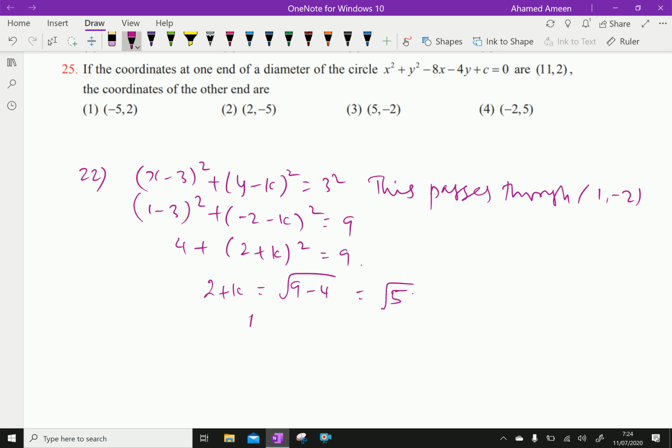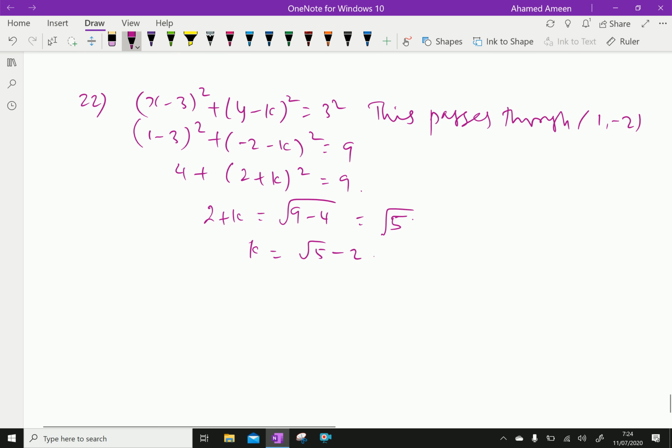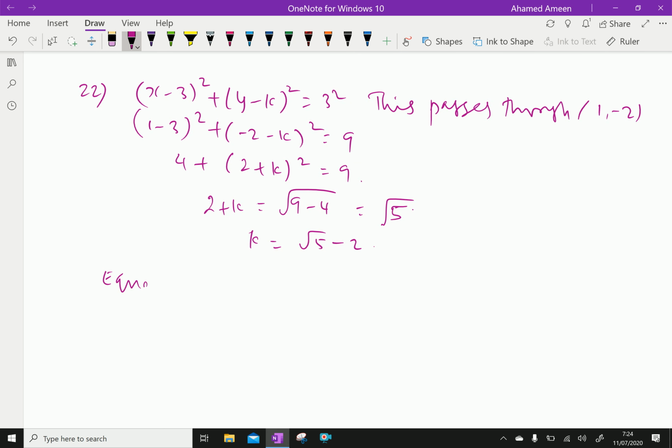Therefore k we have root 5 minus 2, and therefore the equation of the circle becomes (x minus 3) squared plus (y minus root 5 plus 2) squared equal to 9.